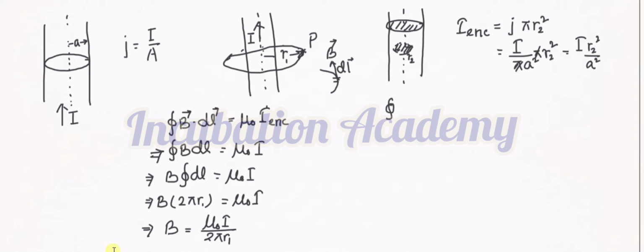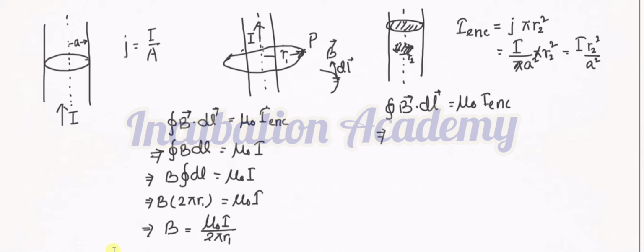Now I simply apply Ampere's circuital law again, that is B dot dl equal to mu naught I enclosed, and this Amperian loop is for the point at a distance r2, which is inside this wire.